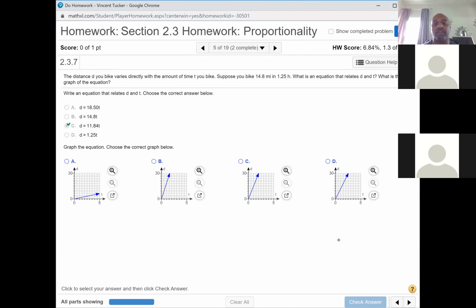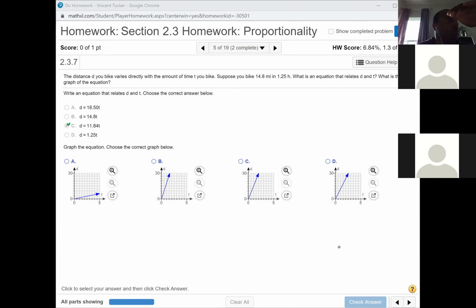All right, so with the graph, notice also on the grid, if you're going to graph, make sure you are using the grid tick marks that they give you. Notice down bottom is from 0 to 5. On top is from 0 to 30.